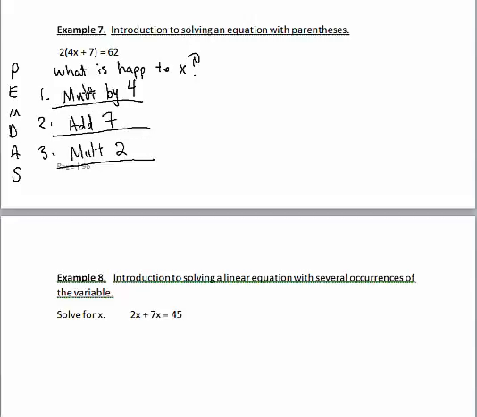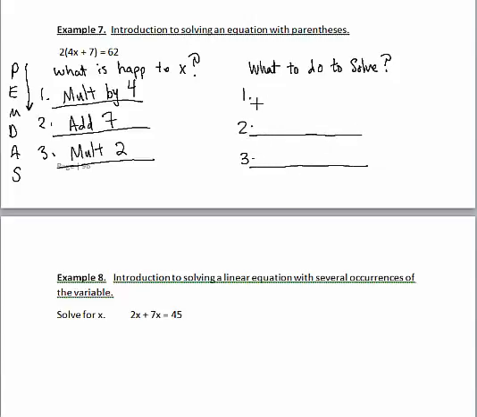And we came up with these steps by working our way down the list. Now, what do we do to solve for x? Well, we had 3 steps on the left, so over here we're going to have 3 steps. We're just simply going to work our way backwards up the list and undo each step.